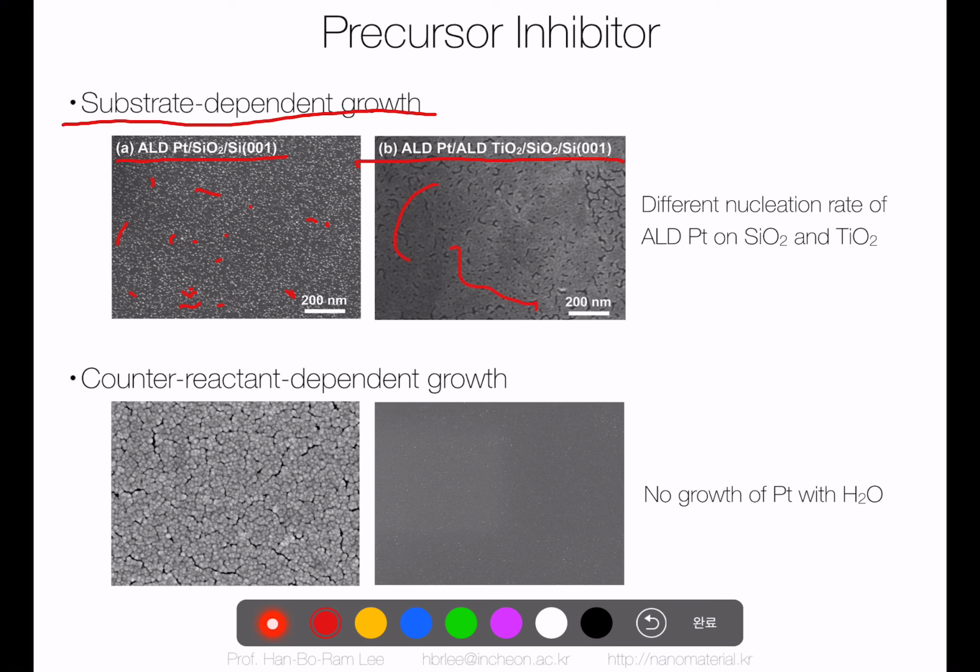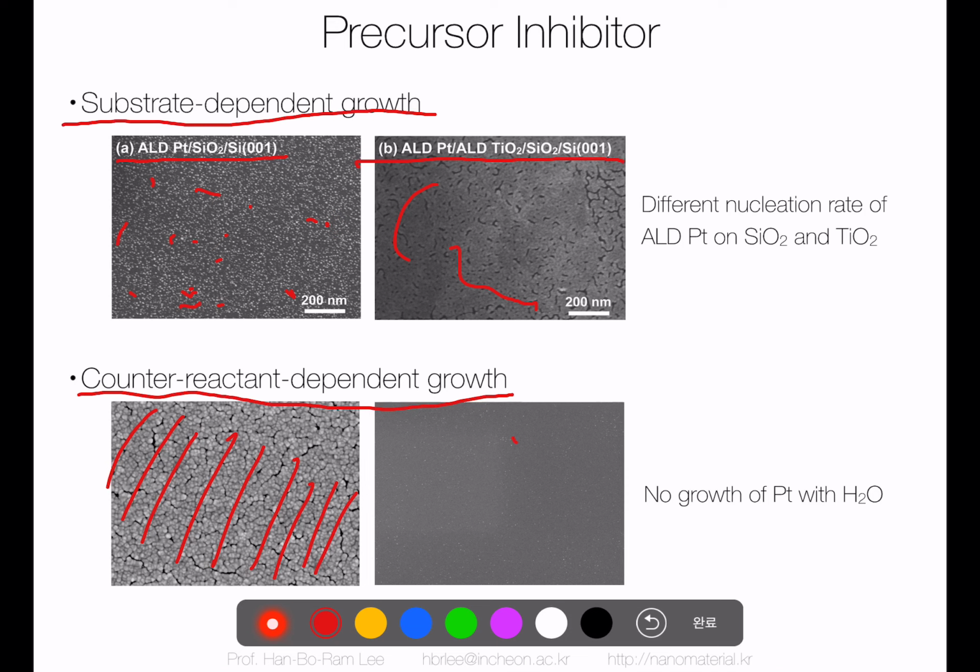That means the platinum precursor selectively adsorbs on the TiO2 surface only. And then the counter reactant: after the platinum precursor adsorption, we just put in oxygen to deposit the platinum, and continuous platinum growth was obtained.